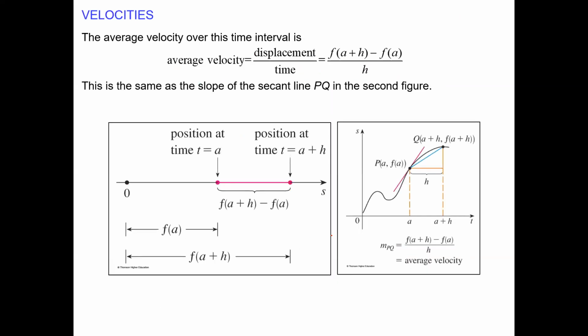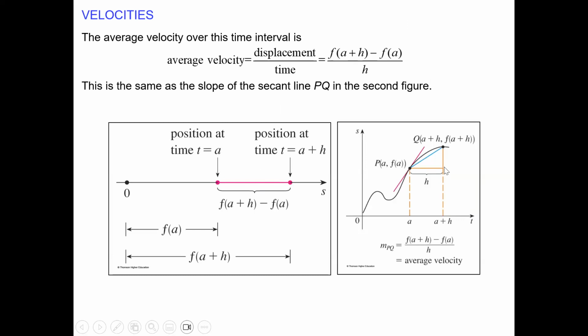Okay, now we remember also that the slope of the tangent line was like the instantaneous velocity. Slope of the secant line is just the average velocity, average rate of change, like displacement over the time. And this is displacement because now you may notice I am using this new form, the h form.